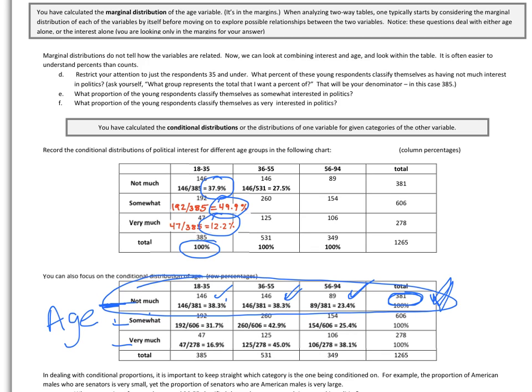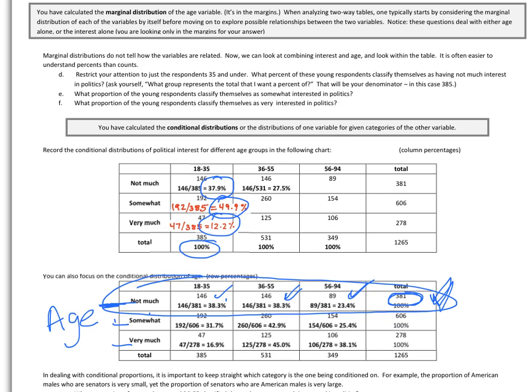So be careful of the wording of the questions. If you're looking for the conditional distribution of political interest on age, you're looking here. And in fact, I should be circling or going up and down because we're looking at ages.